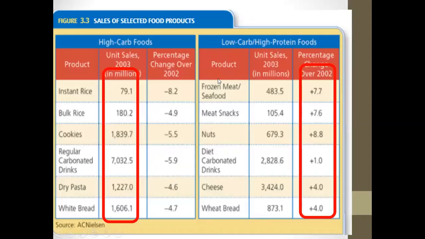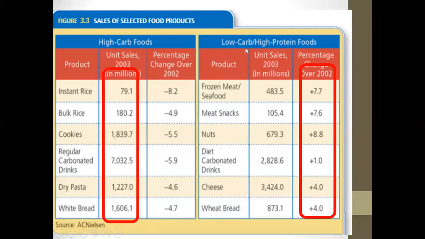Y aquí lo vemos en una tabla, cómo bajó del 2002 al 2003. Bajó -8, el arroz instantáneo bajó -8, la galleta bajó -0.5%, las bebidas carbonatadas bajó -5%, las ventas, estas son las ventas. Dry pastas, pastas secas y white bread, que nos gusta tanto, bajó.